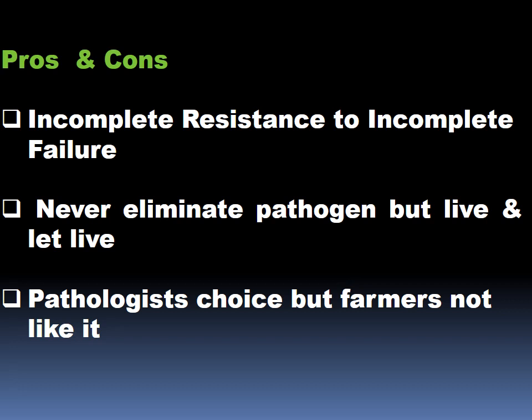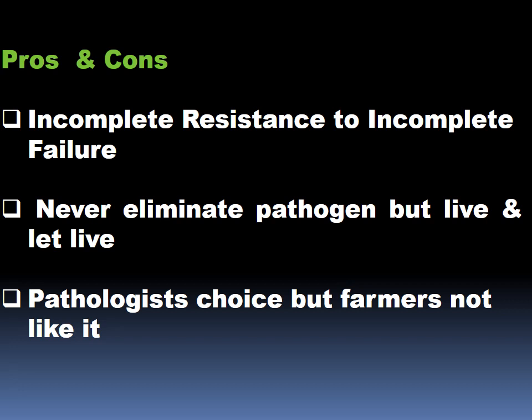It always offers something to the pathogen so that the pathogen survives, but at the same time it checks the pathogen so that it will not cause a complete failure. So the basic idea in case of horizontal resistance is live and let live.